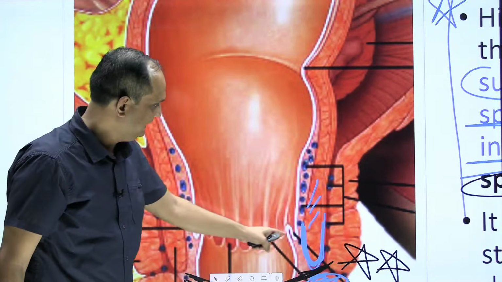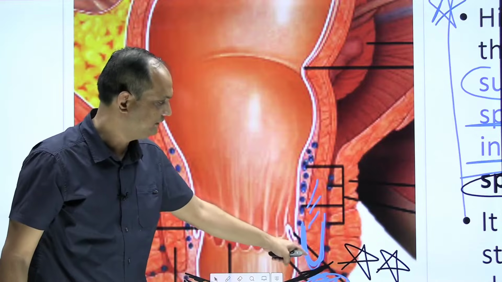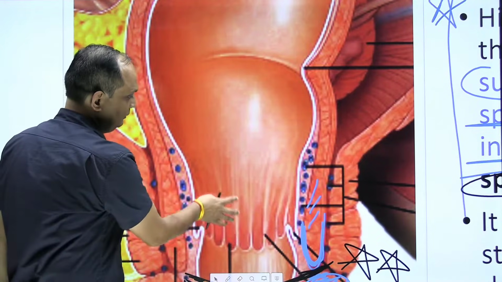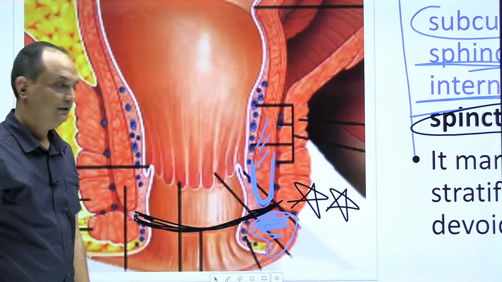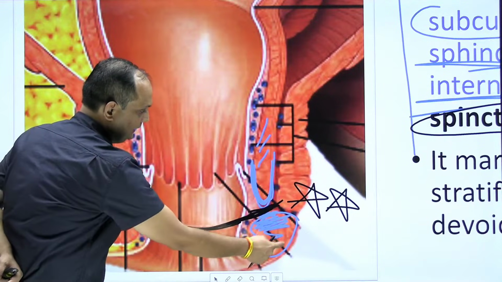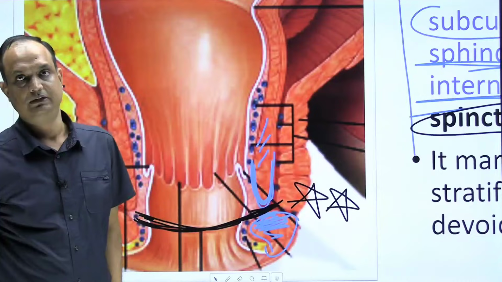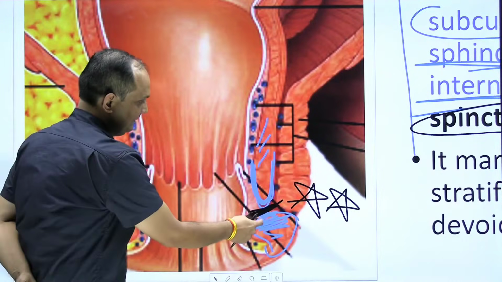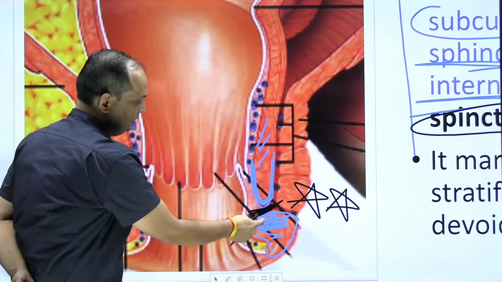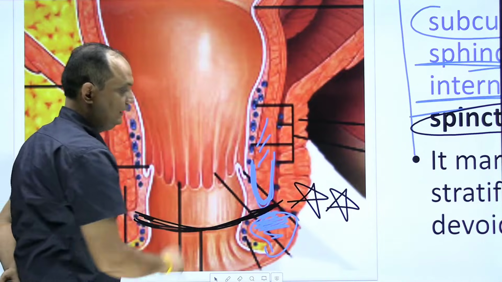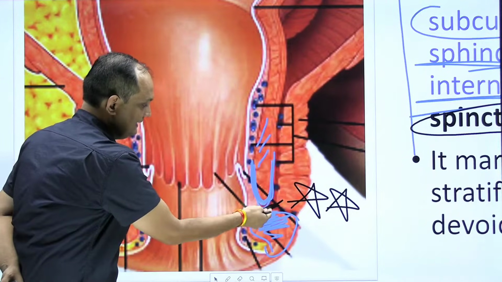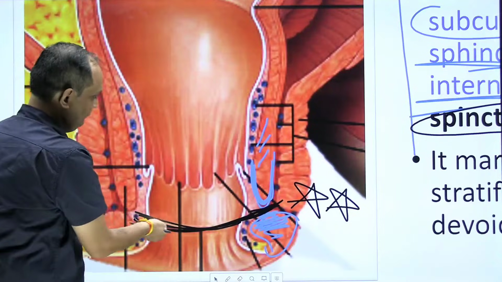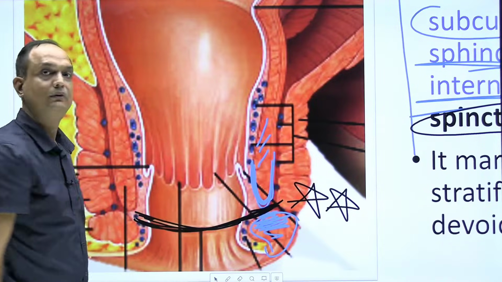And this dentate line is at the level of the middle of this internal anal sphincter. But when you go below, in the lower portion, there is a subcutaneous part of the external anal sphincter. And the gap between the external anal sphincter and the lower border of the internal anal sphincter is known as the intersphincteric groove, and at that same level you will find the white line of Hilton.